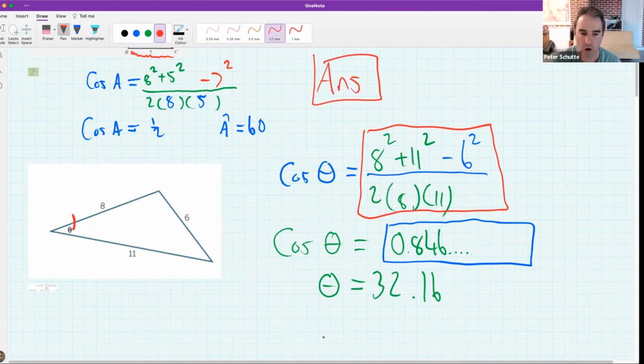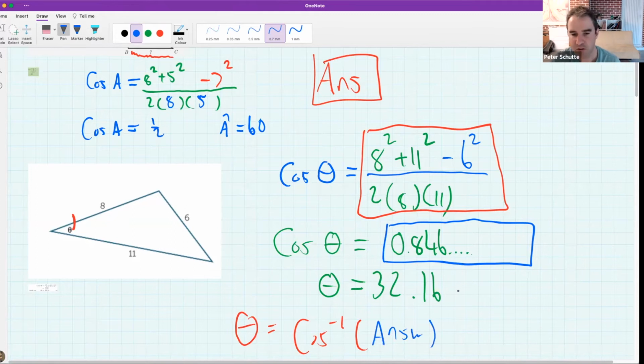So when you go cos -1 to get theta, I want you to hit the answer key, because that will have stored the values. You can still write down 0.846 and so on, but you don't want to lose the decimals at that point. So you should get 32.16.